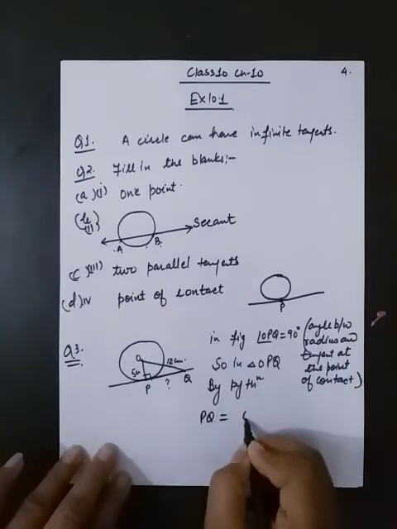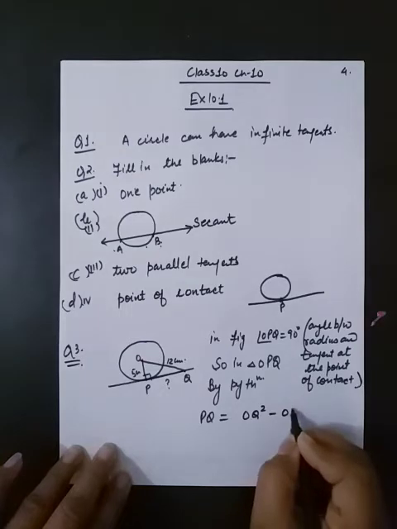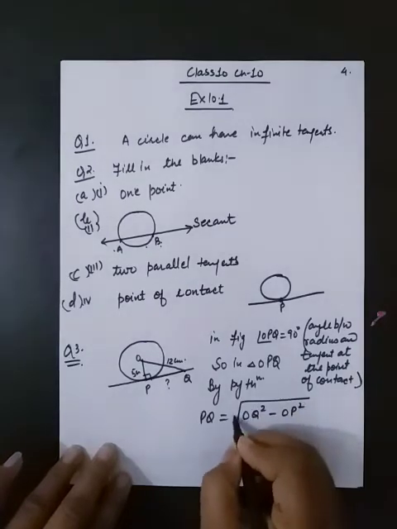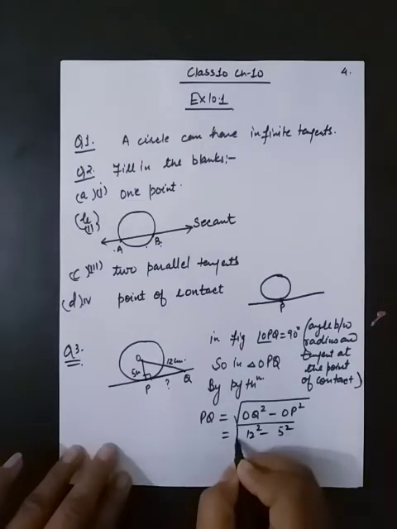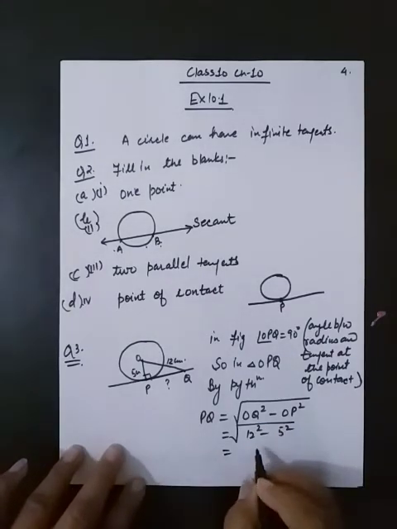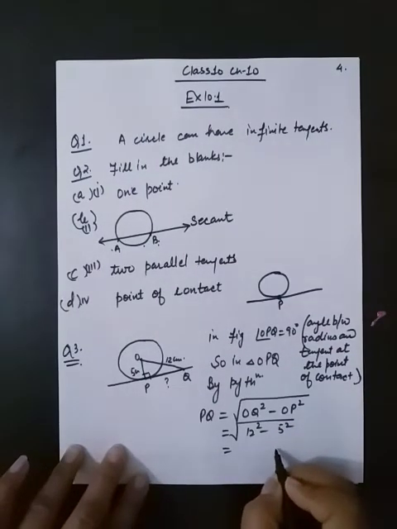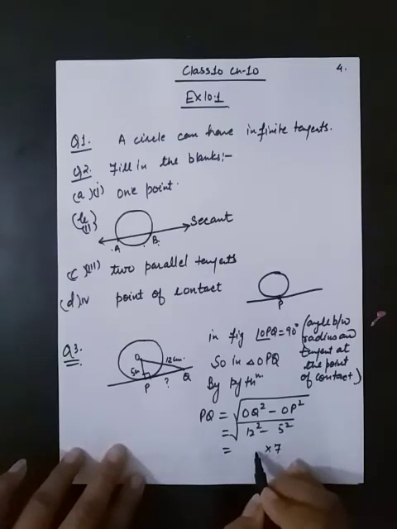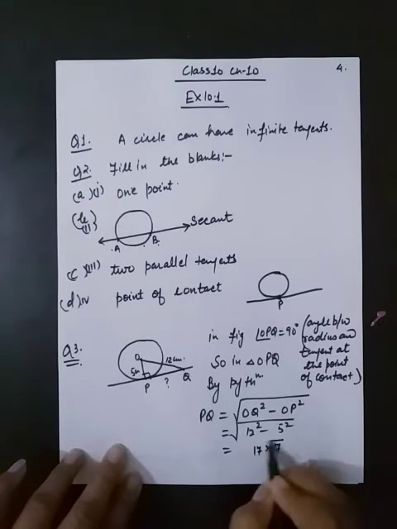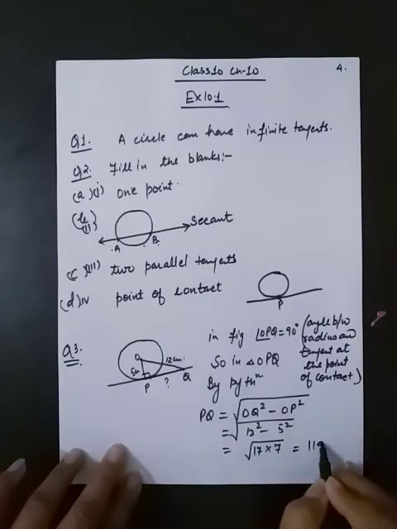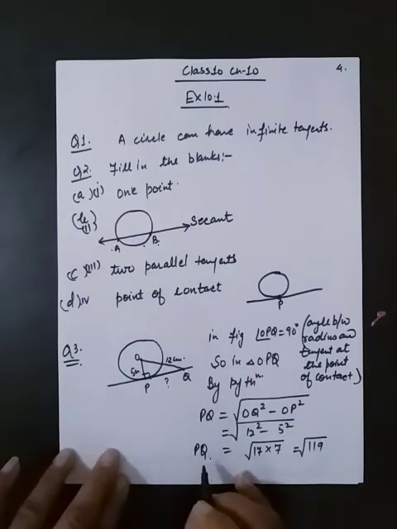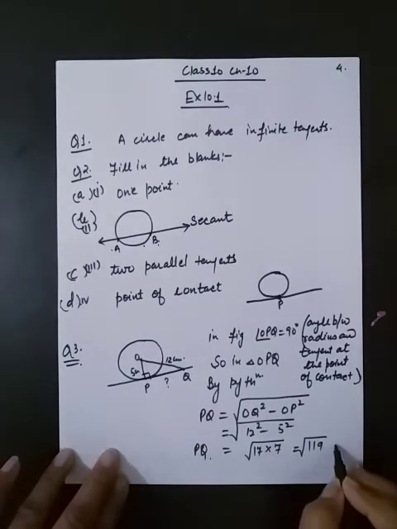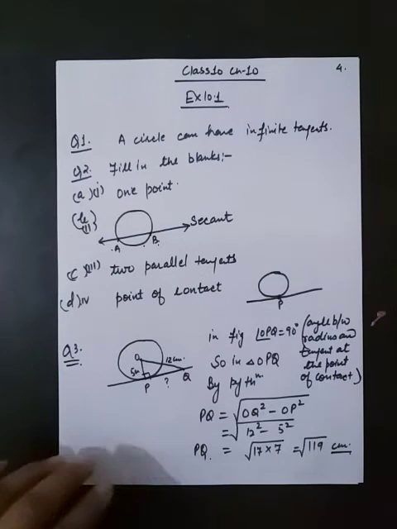PQ will be equal to the square root of OQ square minus OP square, and this is 12 square minus 5 square. 12 minus 5 is 7, and 12 plus 5 is equal to 17. And this will be root 119. So PQ is root 119 centimeter.